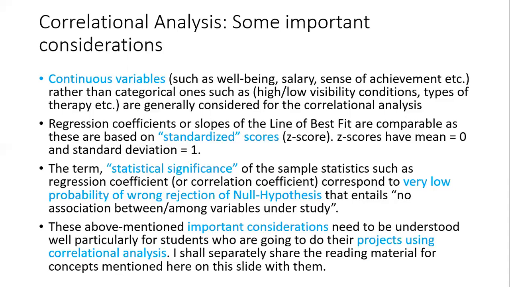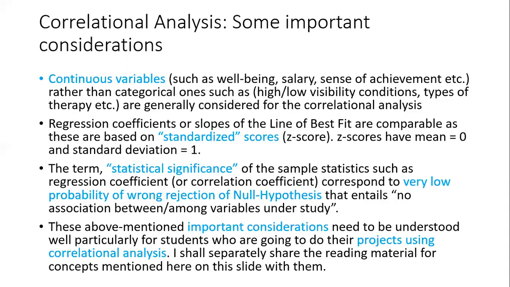And in order to say that our findings are significant in terms of association, we actually have to reject null hypothesis. But again, the whole statistical procedure involves an understanding of whether or not there is a very low probability of wrong rejection of null hypothesis.